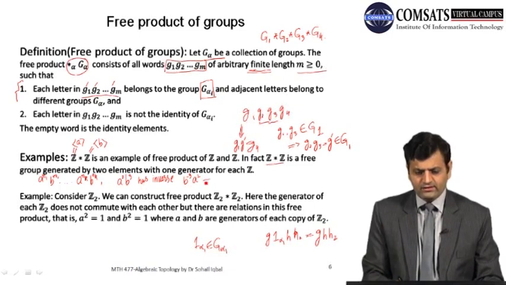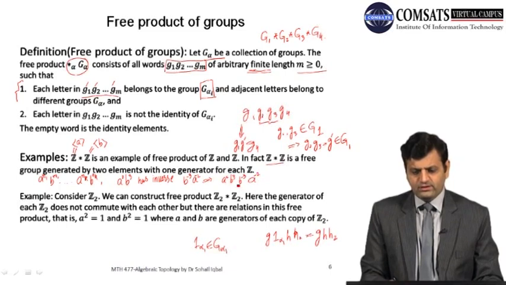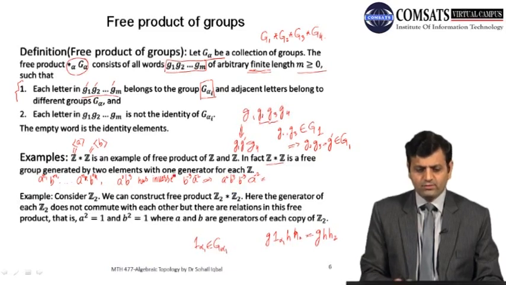So why? We know that A squared B cubed. If it is the inverse, then when I multiply this with this element, I should get the identity element. So let's multiply from this side: B raised to power 3, B raised to power minus 3. Two consecutive elements from the same group, take their product in that group. So B raised to power 3 times B raised to power minus 3 is B raised to power 0, but B raised to power 0 is identity.